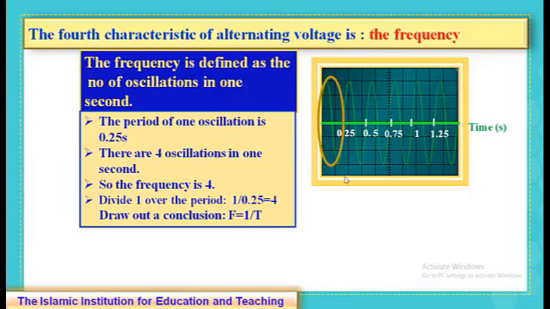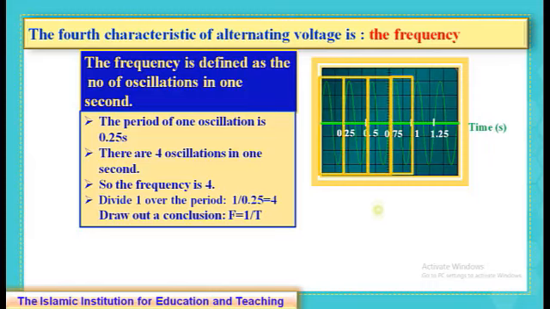Now I want to calculate the number of the oscillations in 1 second. It means from this point to this point. So this is one oscillation, this is the second oscillation, this is the third, and this one is the fourth oscillation. So we have 4 oscillations in 1 second. And according to the definition, the frequency is the number of oscillations in 1 second.